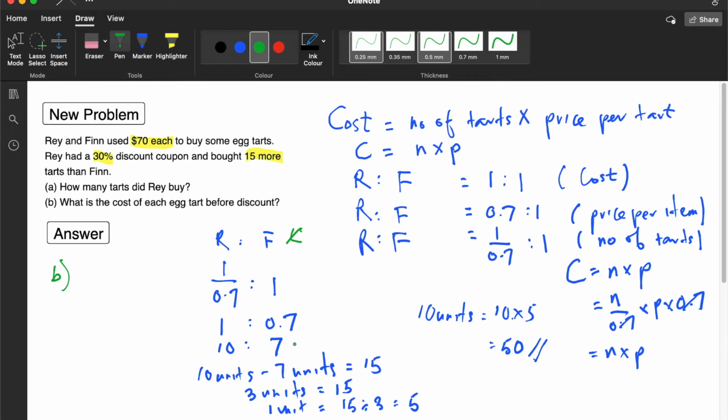How many units did Finn buy? 7 units. So 7 units is equal to 7 multiplied by 5. So actually he bought 35 tarts. And what is the cost? The cost is $70. So 70 divided by 35 is equal to $2. So that's the answer for part B.